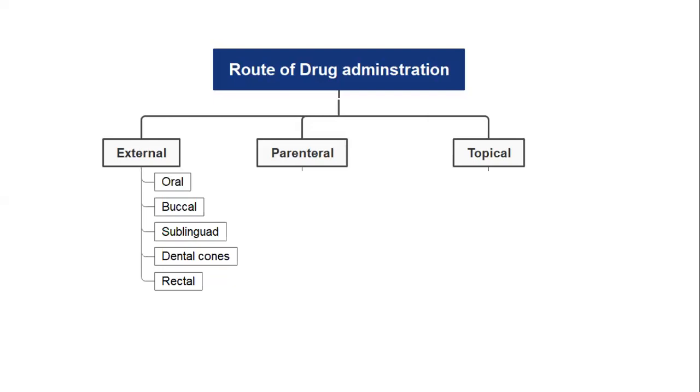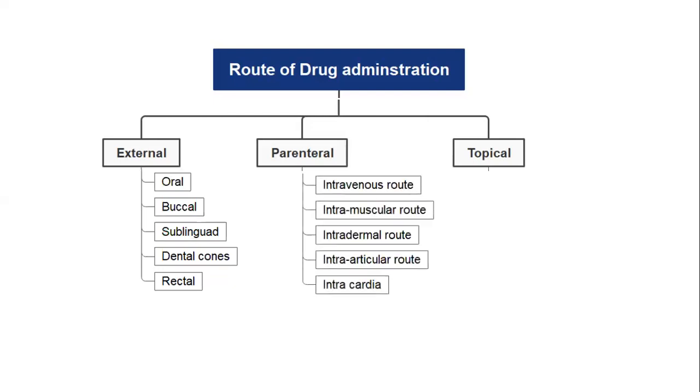Next one is parenteral routes of administration. What are the parenteral routes? Other than gastrointestinal tract. Okay, other than gastrointestinal tract, they are considered as parenteral routes of administration. Intravenous route, intramuscular route, intradermal route, intra-arterial route, intra-articular route, or intracardiac route.